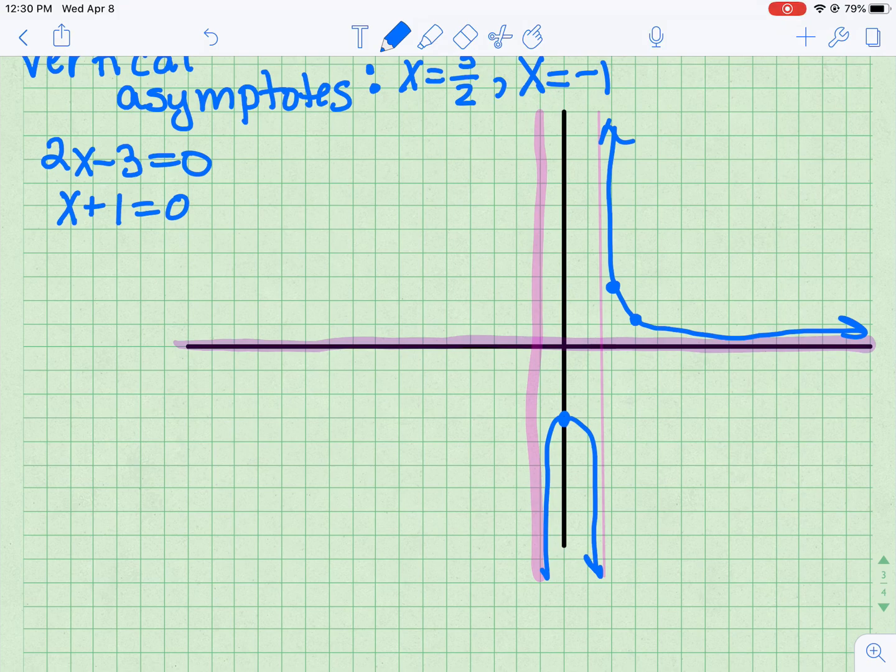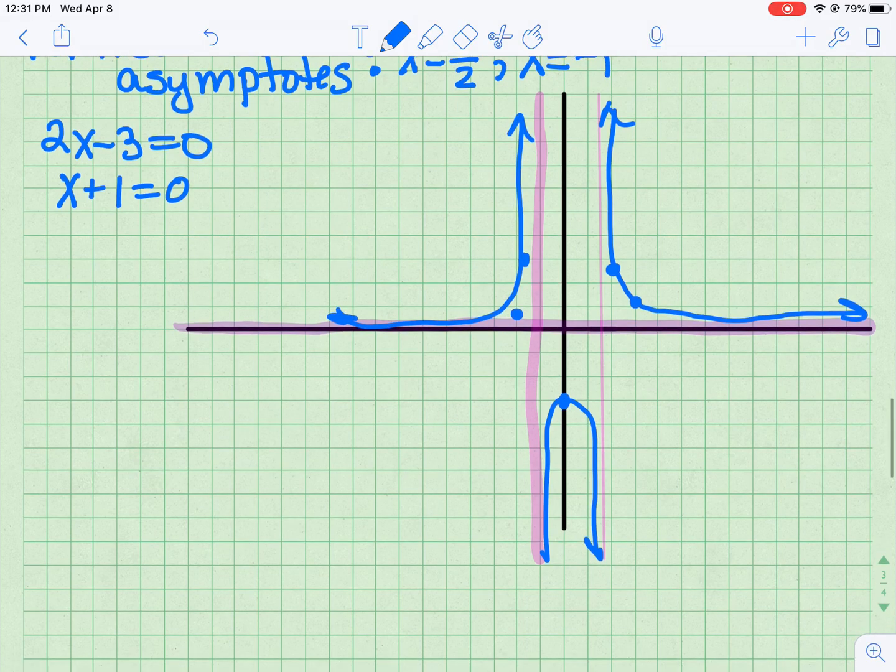So 1.3 and 3. And then negative 2.75. And then we're almost there. I'm just using these points as a guide. And so that would be my final graph with the asymptotes. Does that make sense? Yeah.